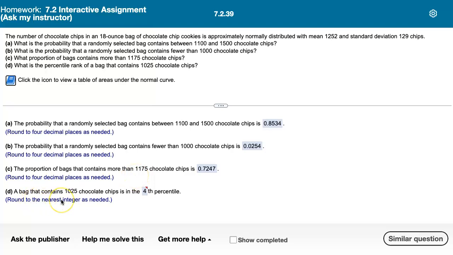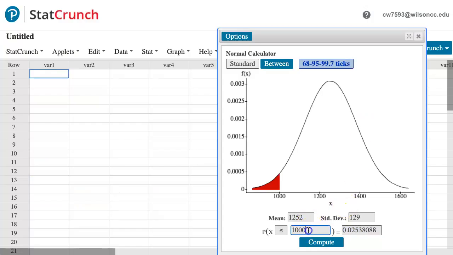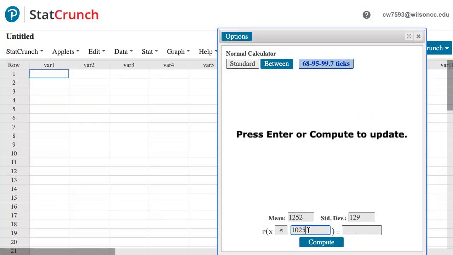Part D is a little bit different though. This one says a bag that contains 1,025 chocolate chips is in the blank percentile. So percentiles, remember, were area under that curve and to the left of a given value. So let's go back to our normal curve here. I'm going to update this value.